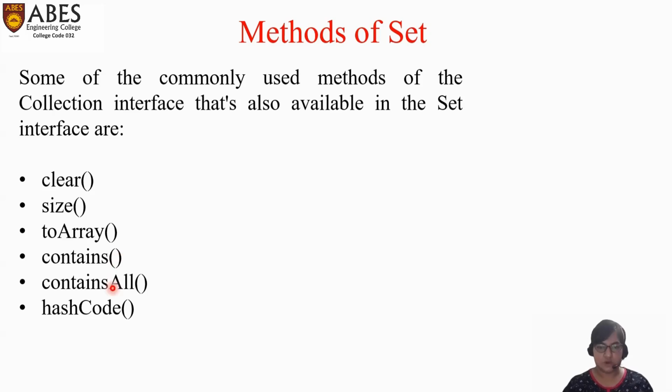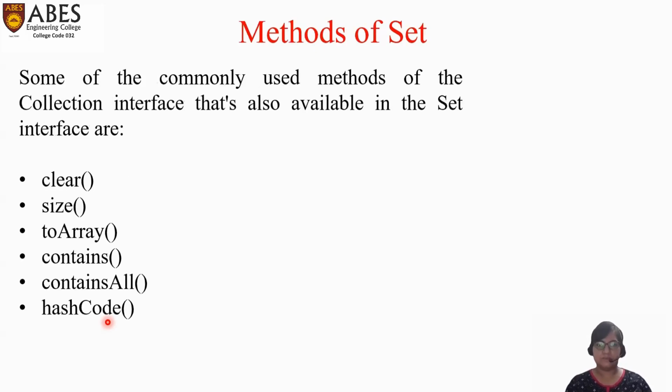Then we have containsAll. As the name suggests, the containsAll method returns true if the set contains all the elements of the specified collection. Then we have the hashCode method, which returns a hash code value, that is, the address of the elements present in the set. So that's all about some common methods of Set.